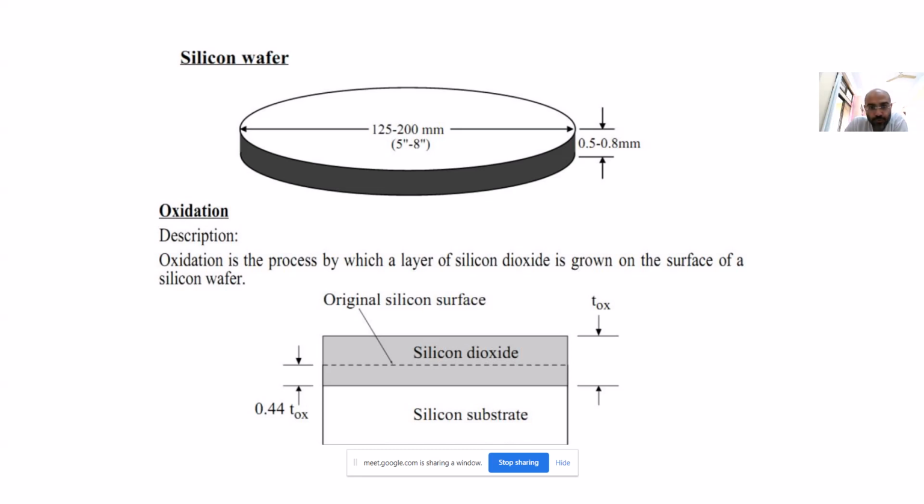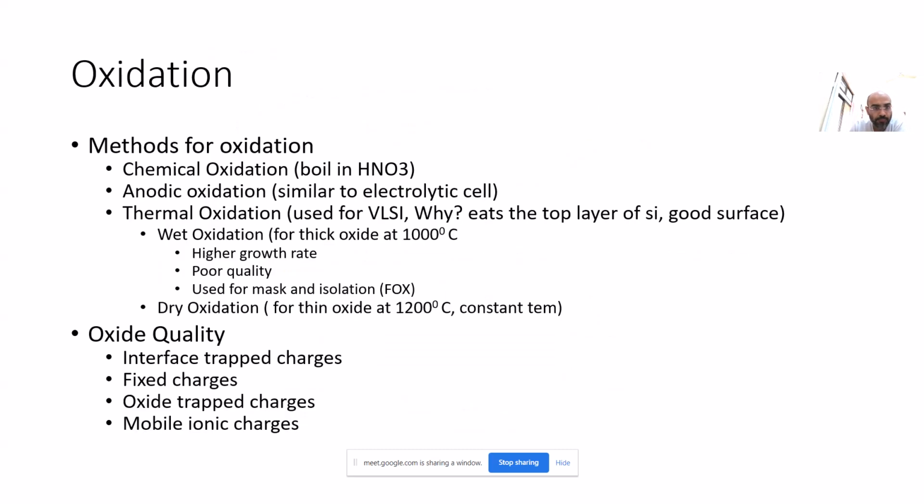So even before photolithography, sometimes you have to oxidize the surface. When you oxidize the surface, there are various methods. I'll come to this particular thing. Like you can oxidize with the help of what is called chemical oxidation.